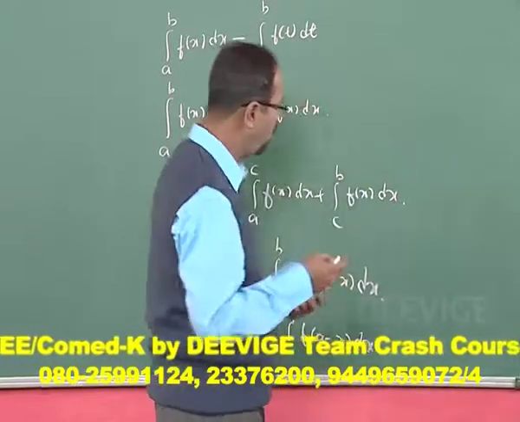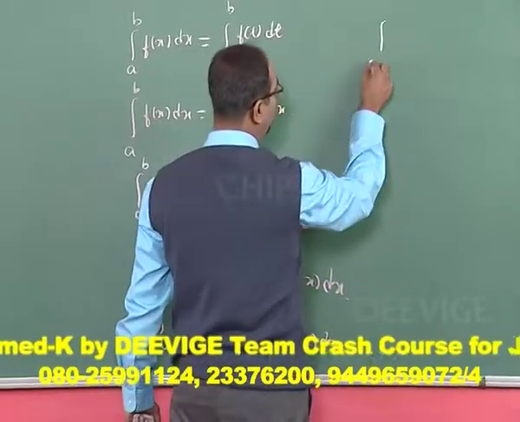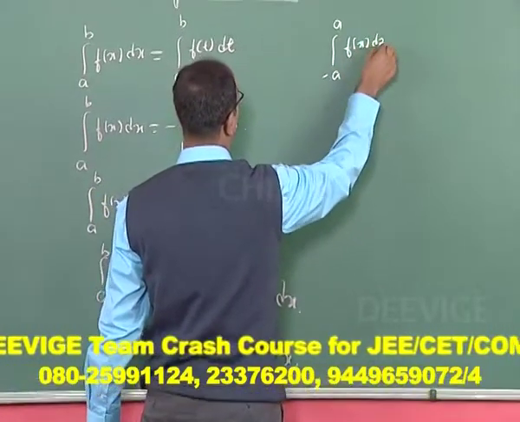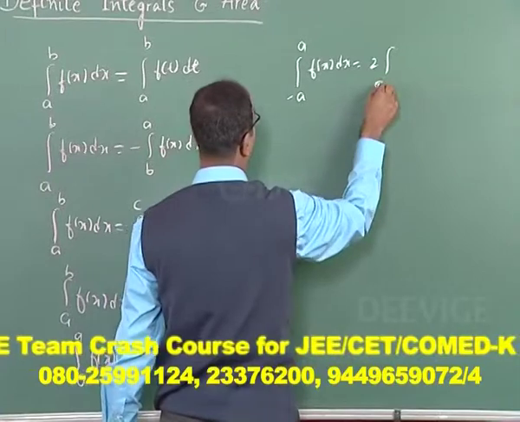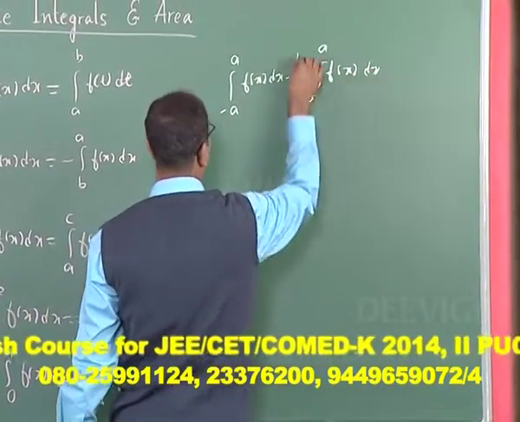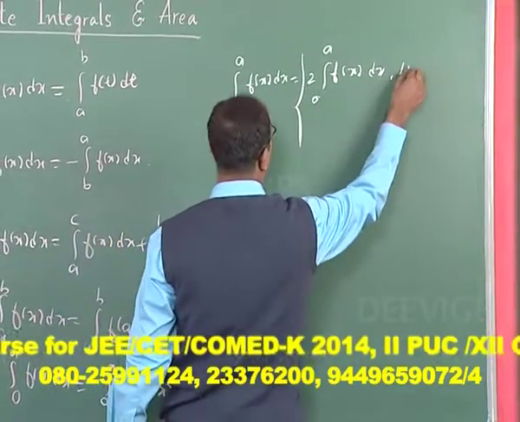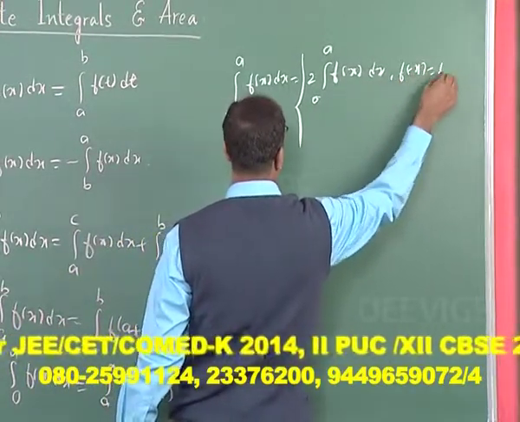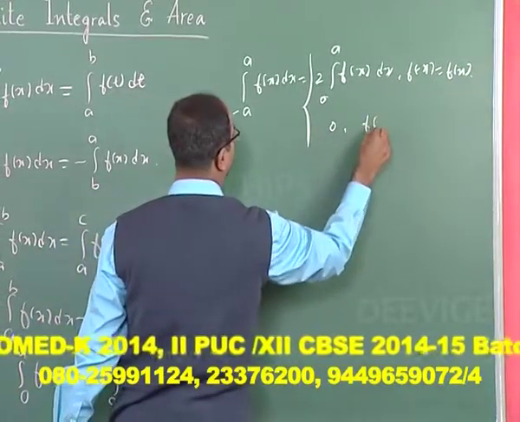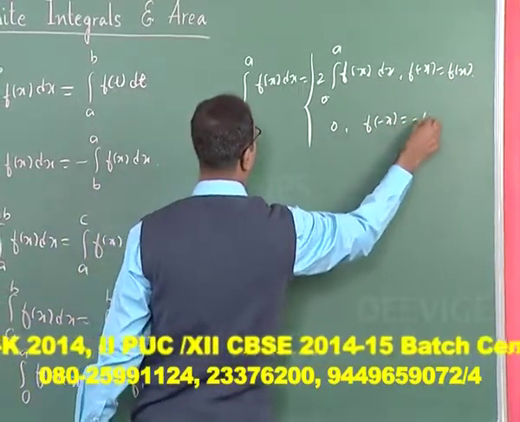Let me write it and explain. Integral minus a to a f of x dx is equal to 2 times integral 0 to a f of x dx if f of minus x is f of x and 0 if f of minus x is minus f of x.